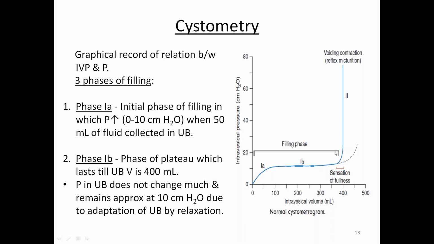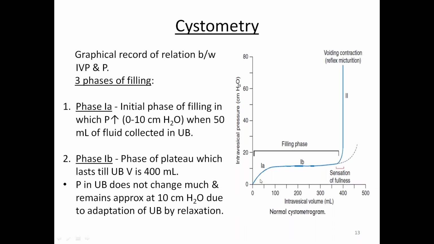So here already there is a sense of fullness that starts happening when the pressure is around 20 to 40. And then if it rises further, there is reflex micturition, and if the volume goes beyond 600, the urge to void becomes unbearable.